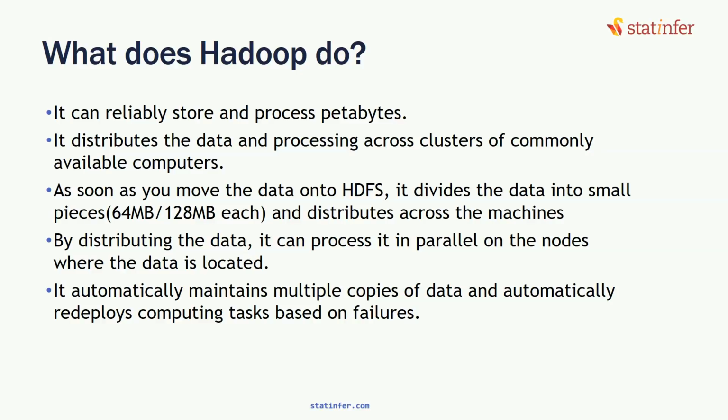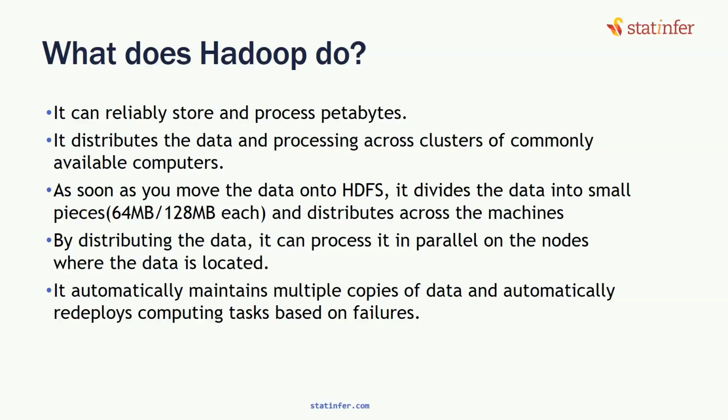Once you connect all the machines to Hadoop, or tell it where all the machines are, Hadoop will automatically see them as a coherent system. Once you say where the data set is, or move the data into the Hadoop Distributed File System, Hadoop will distribute the petabytes of data. It will cut it into smaller pieces and distribute them onto the systems in the cluster.